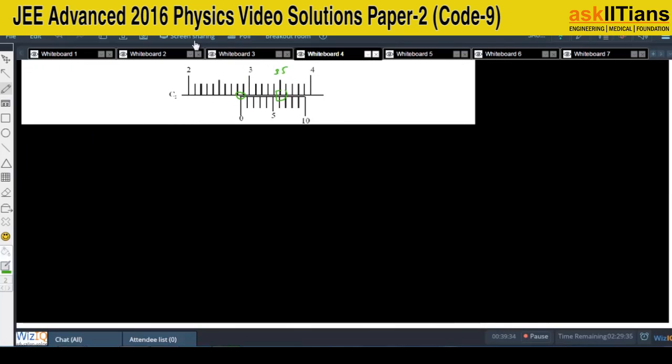Now we know that for the reading of the vernier calipers, first of all we will use the formula, that is, reading of a vernier calipers is equal to main scale reading plus n into least count. Now for this part we will take the first caliper.